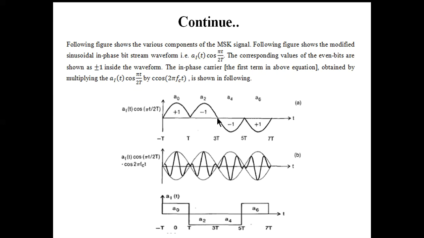Now next, A4 is again -1. My next bit is -1, so there is no phase change, and this signal will be continued. As the next symbol is +1, obviously there will again be a phase shift.